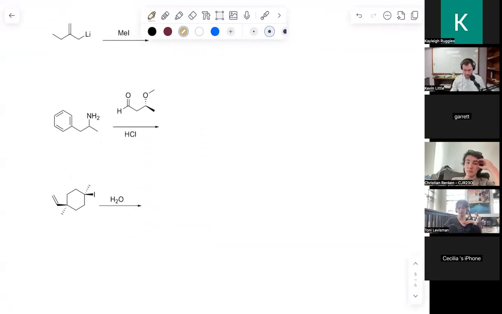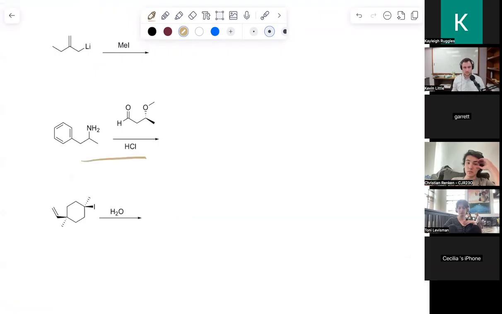Is there an alkyl halide in this question? No, there's not. There's Cl on the outside, but alkyl means that's not one carbon. That's it. I'm an acid. So, do I have a nucleophile here? Yes, the carbon in the carbonyl.